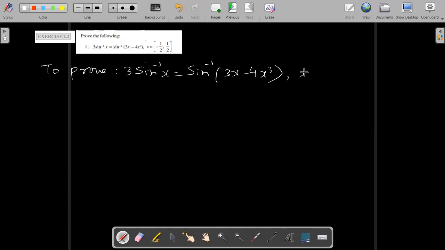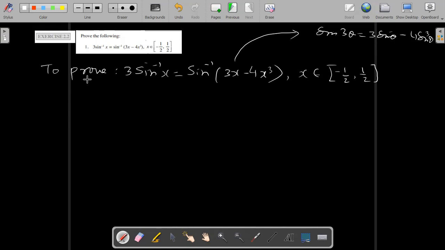And as I told you, this will always be given under the range where it is valid. Now sine 3 theta, from this only you can remember that sine 3 theta is equal to 3 sine theta minus 4 sine cube theta.